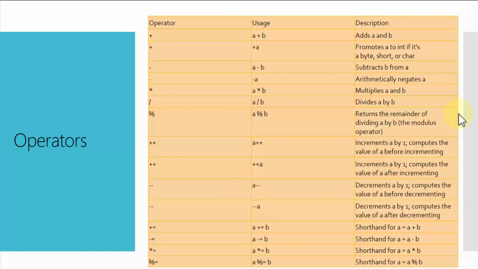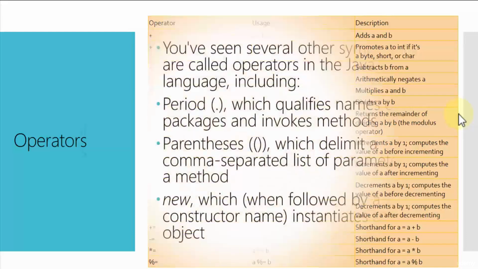You can also use the minus sign, depending upon how you use it. The operators are listed: plus, minus, multiplication, the slash, plus plus, and so on. The usage shows how they are implemented, and you can go through the descriptions and see how these operators work.